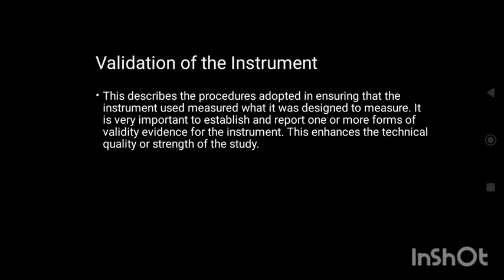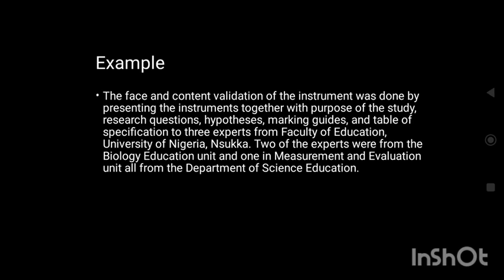First of all, the instrument will pass through face validation, content validation, and so on. Then after that, it shows that yes, the instrument actually is good to be used for that particular research work. For instance, I said here, the face and content validation of the instrument was done by presenting the instrument together with the purpose of the study, research questions, hypotheses, marking guides, and table of specification to three experts.